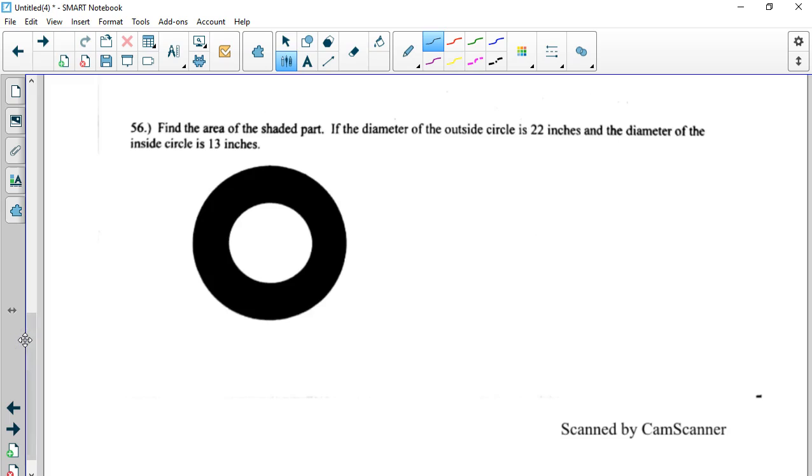And here we are at the very end. It says, the diameter of the outside circle, the big circle, is 22. The diameter is 22. Which means the radius is 11. It says the diameter of the inside circle is 13.